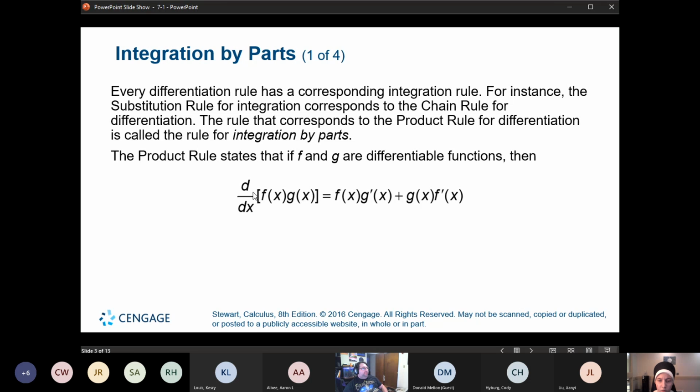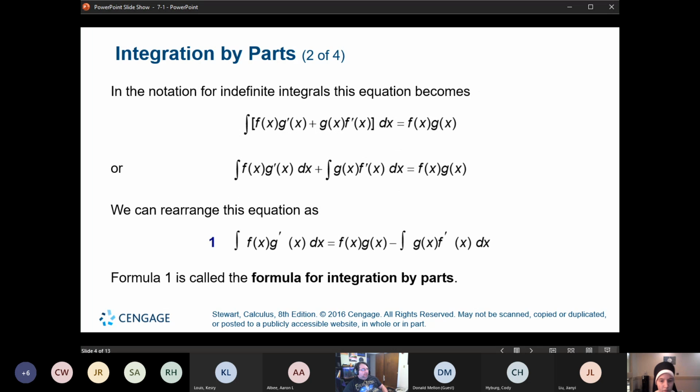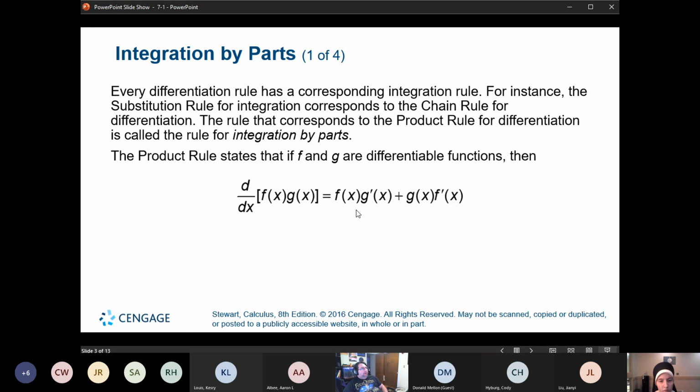The product rule states that when we're multiplying f of x and g of x, we have f of x times the derivative of g of x plus g of x times the derivative of f of x. Everybody remember that rule from Calc 1? Okay.